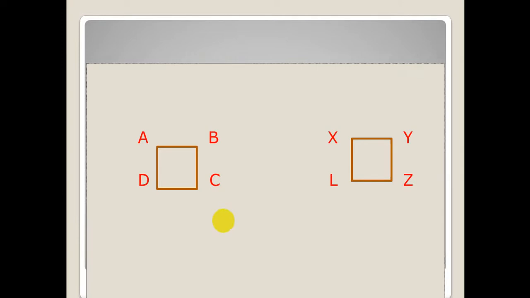Here we have a special case for squares. In all cases, squares are special. If I have two squares, these two squares are congruent when one of the sides in the first square equals one of the sides in the other square.